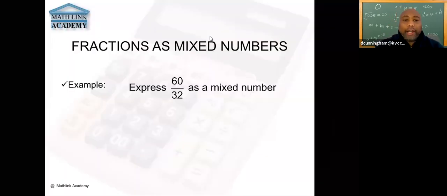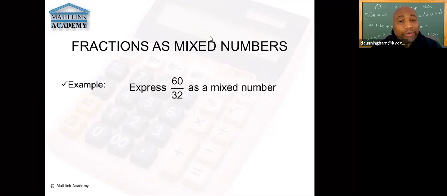Okay, now let's look at our last example. Again, we're going to have fractions as mixed numbers. So our example is this: we want to express 60 over 32 as a mixed number. So express 60 over 32, which is an improper fraction, as a mixed number.